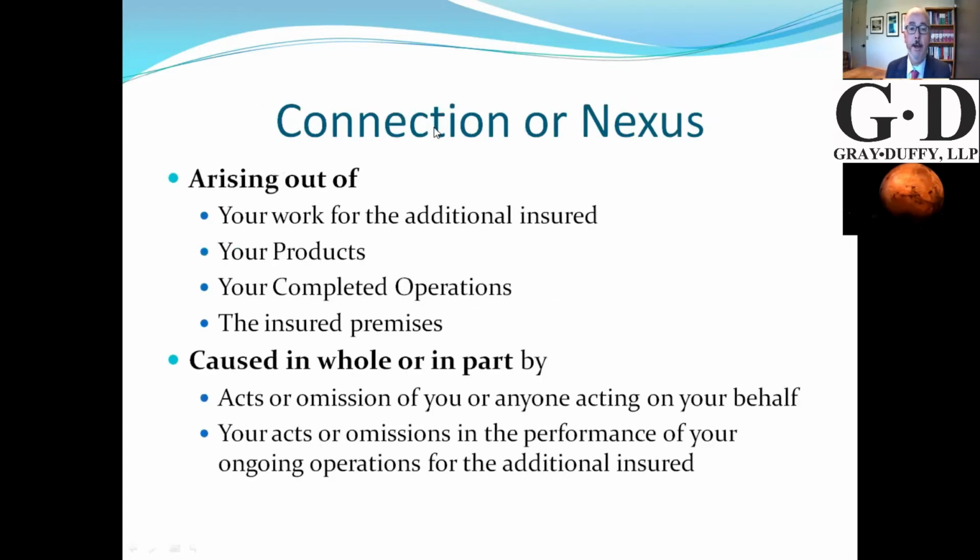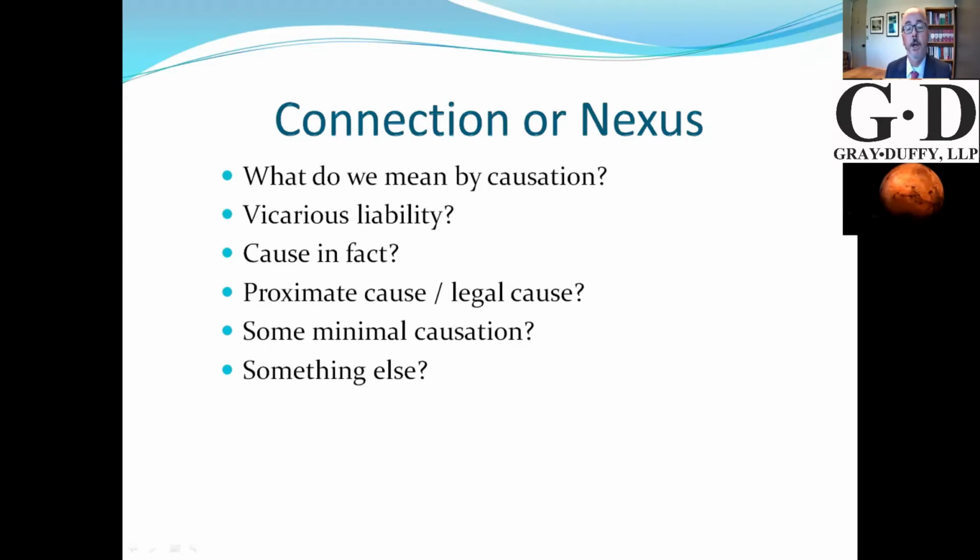And the other issue we have is connection or nexus, which I always pair with and consider with scope. So connection or nexus means some sort of causation or tie back to whatever that scope was. Does it just mean that the additional insured is vicariously liable for what the named insured did, the narrowest view?